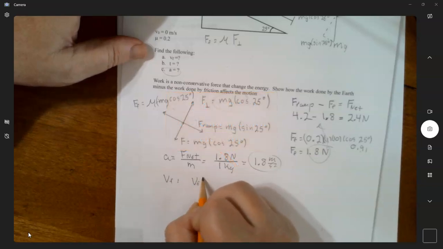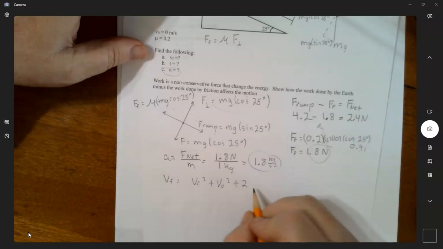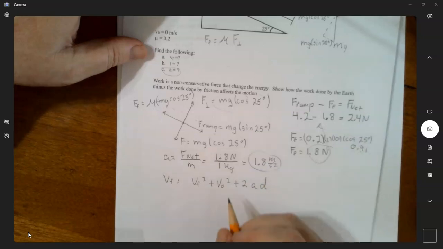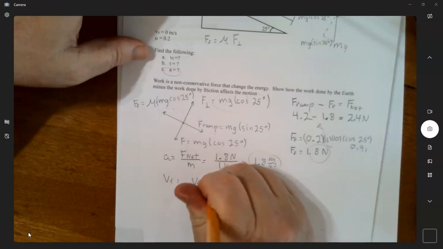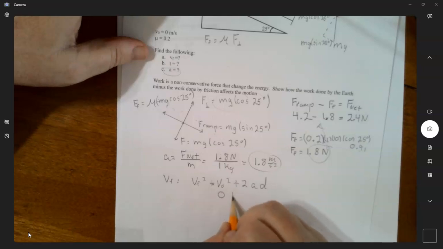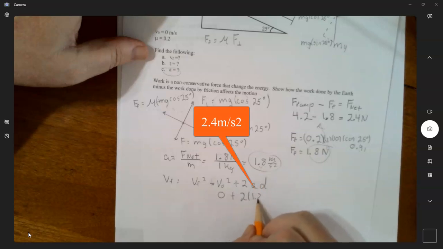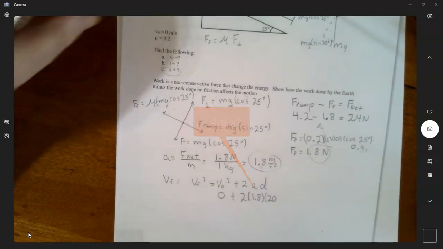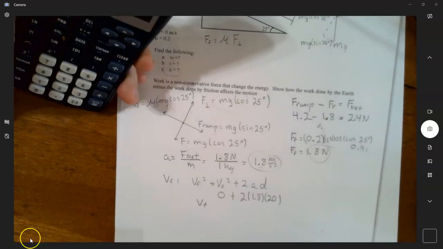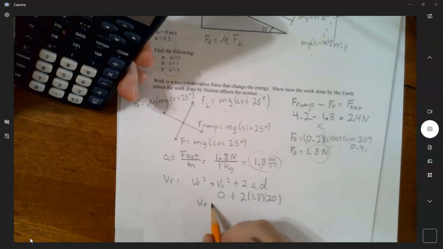We get Vf squared equals 2 times acceleration, what we got here, times 20, the length, so Vf squared equals 48.